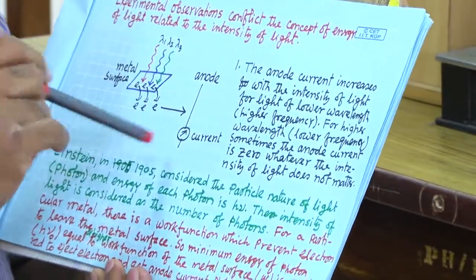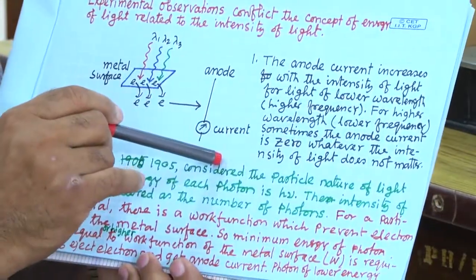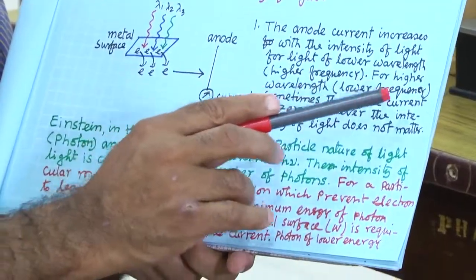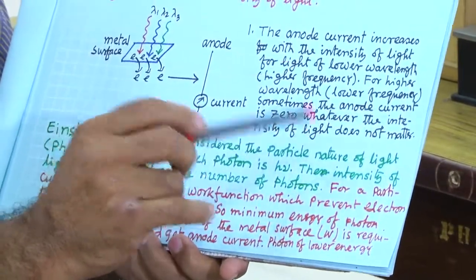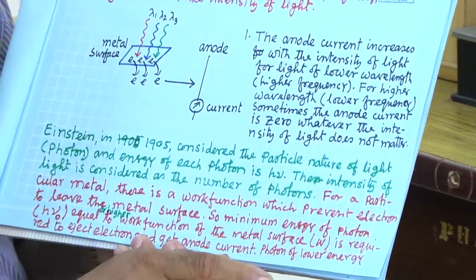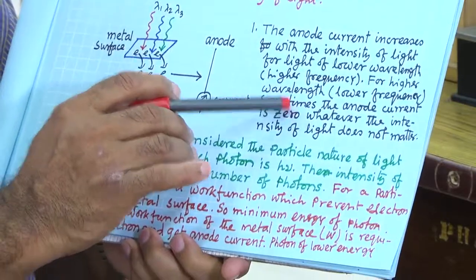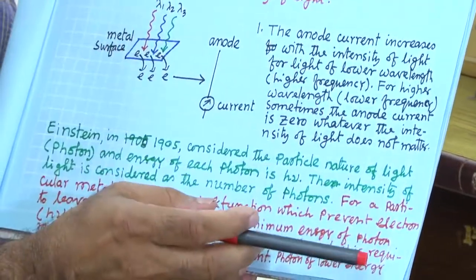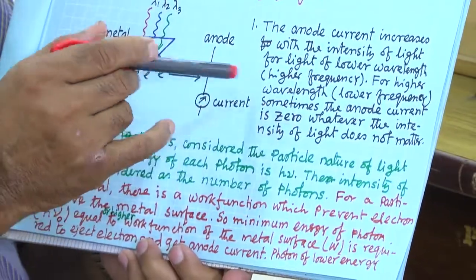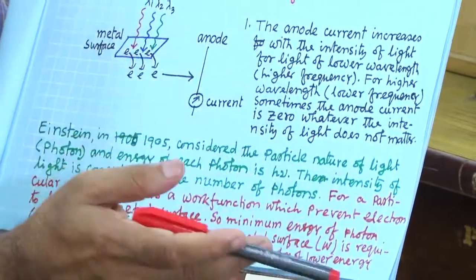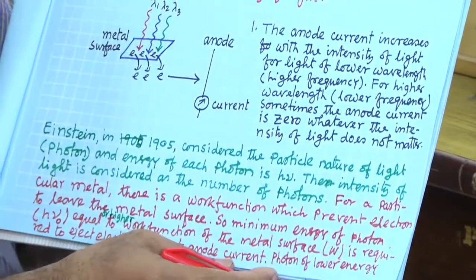And for higher wavelength, lower frequency, sometimes the anode current is 0, whatever the intensity of the light. So, the result is showing the opposite. Sometimes it does not depend on the intensity of light. Whatever the intensity of light, no electrons are coming out.